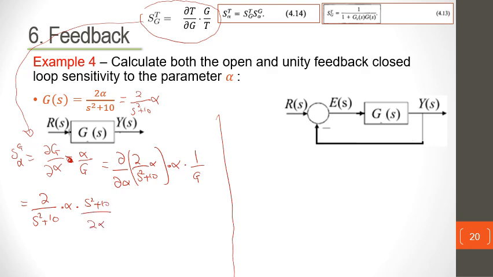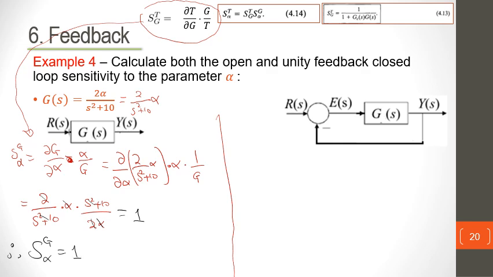Now you'll quickly see that this will cancel that, that will cancel that, and you'll soon be left with simply 1. So the sensitivity of G with respect to alpha is going to be 1.